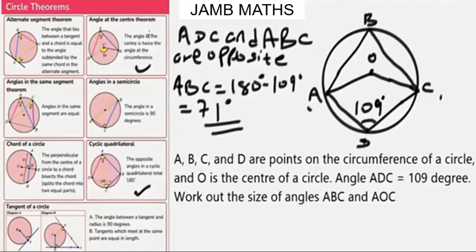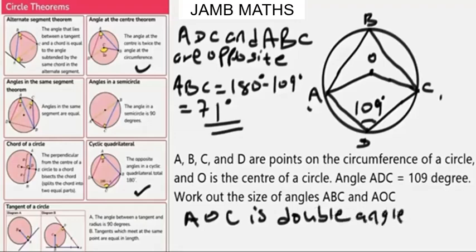It says that the angle at the center is twice the angle at the circumference. That means our angle AOC is double angle ABC.